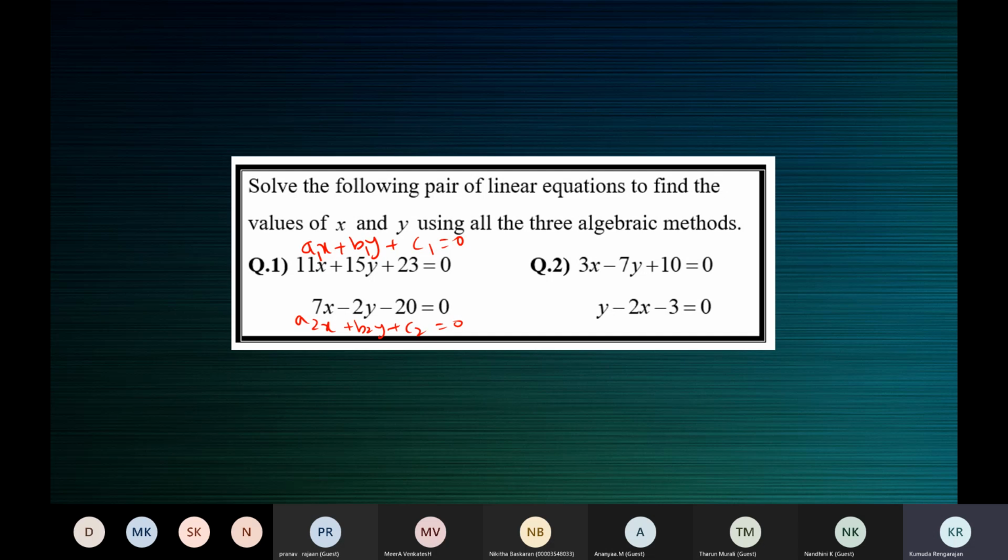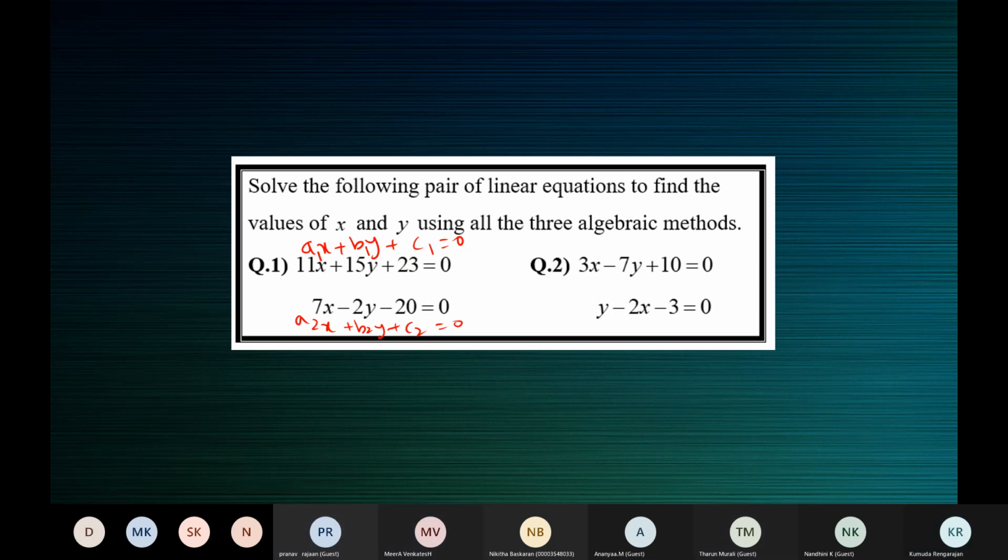Yes, children? Yes or no? What is the value of A1? 11. Value of B1? 15. Correct. C1? 23.